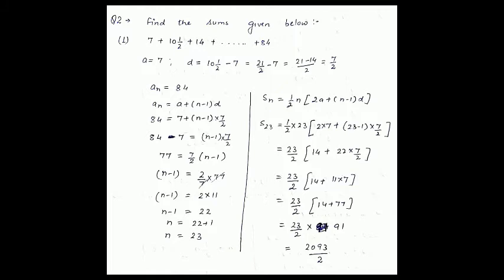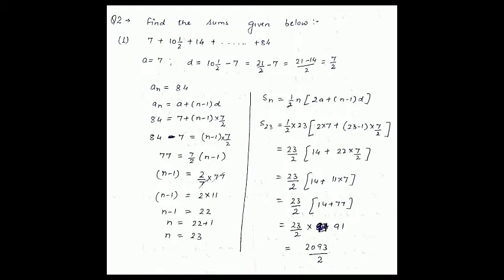In place of an we will put 84, which is equal to 7 plus n minus 1 into 7 by 2. As 7 is positive, we will take it to the left hand side. So it will be 84 minus 7, which is equal to n minus 1 into 7 by 2. So 84 minus 7 will be 77, which is equal to n minus 1 into 7 by 2.